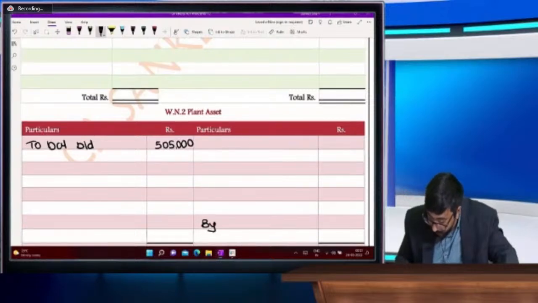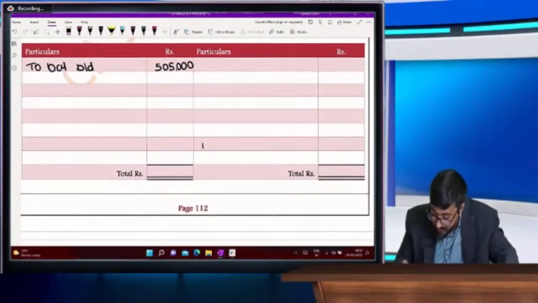And last line, by balance carried down 5,05,000. Yes, beta, Mukta, very good. By balance carried down 7,15,000.